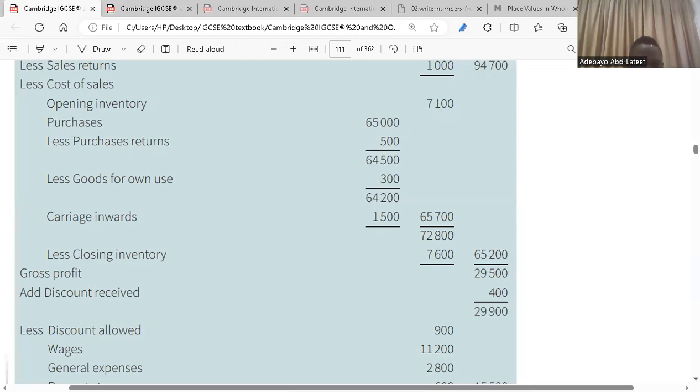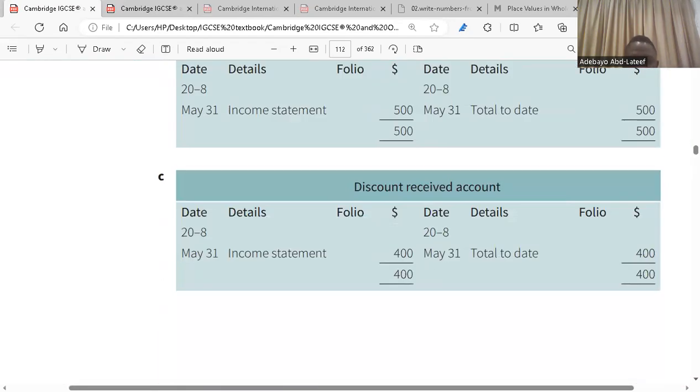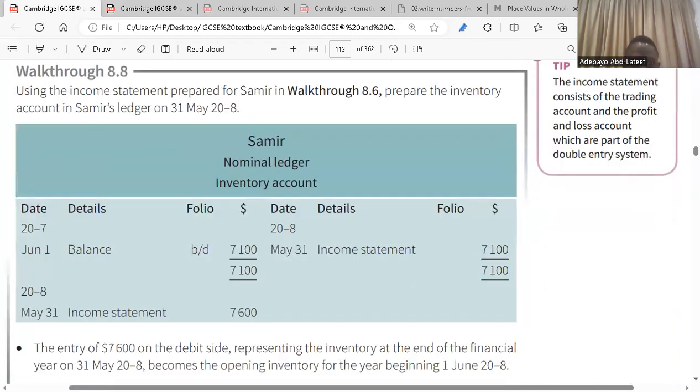We have our closing inventory in the statement of profit and loss. Go back, please. In the statement of profit and loss, our closing inventory is 7,600. Yes, that's our closing inventory, 7,600. That's 500 more than the opening inventory.